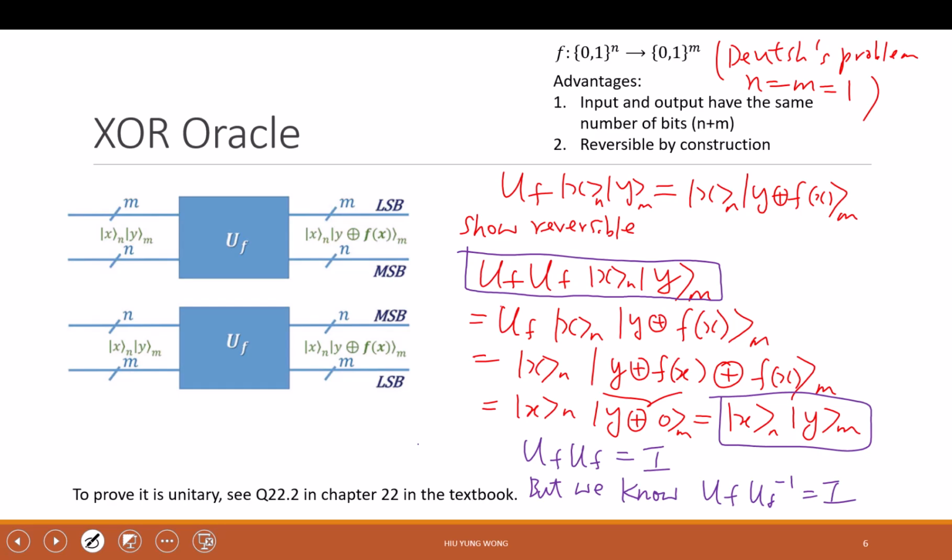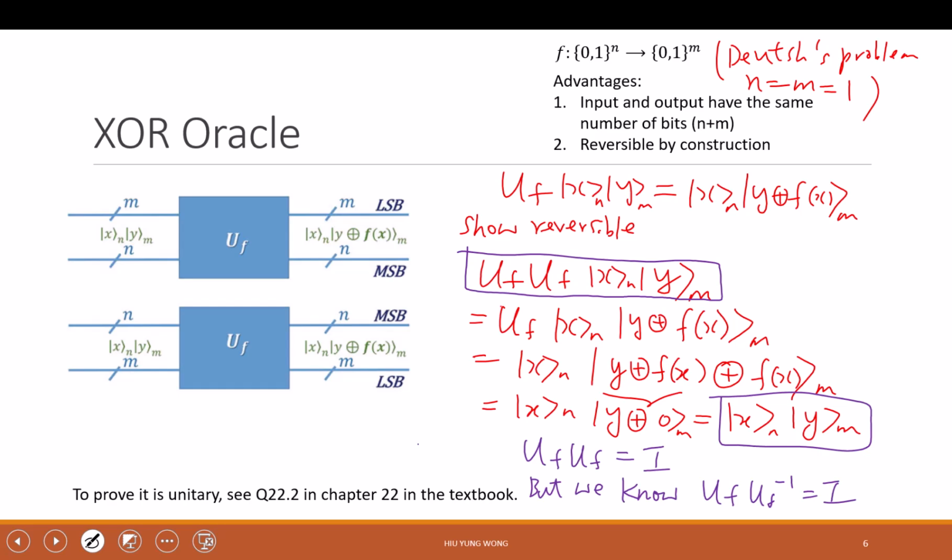That's the definition, unless you don't have the inverse, because not every matrix has an inverse.